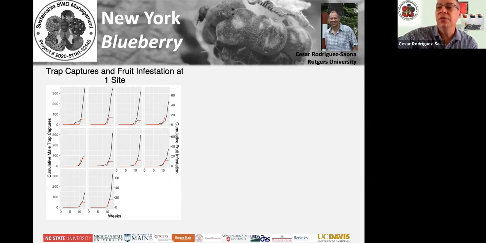So these are the data from blueberries in New York. The graph shows the cumulative male trap captures during the season in black and the fruit infestation in red. As you can see, as the trap captures increase, the level of fruit infestation also increased.